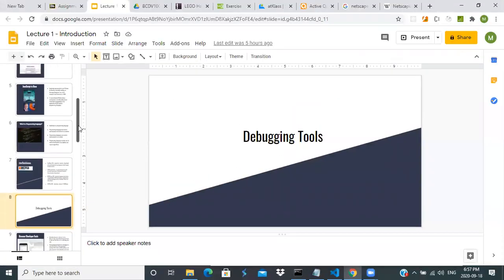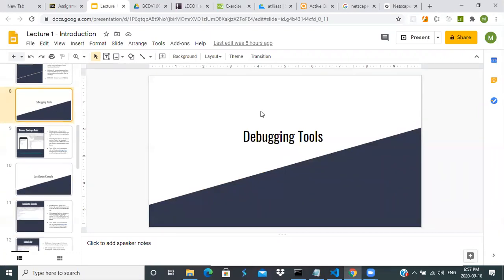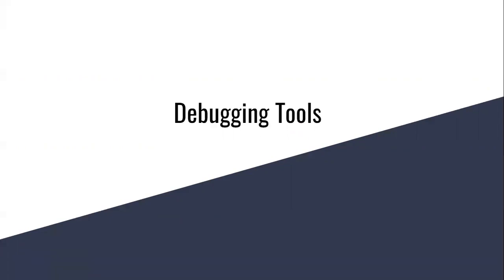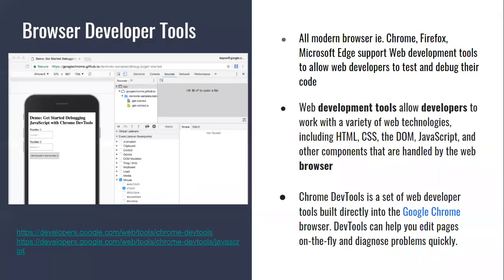ES6. So when we're talking about debugging tools, I think we've already talked about them. We explored them, but we've only really looked at the design portions of those tools for Chrome developer tools. We didn't go into debugging. So there is a whole other panel that is used for debugging.